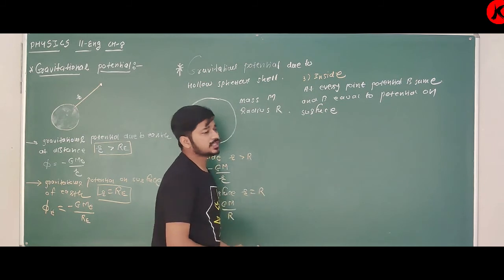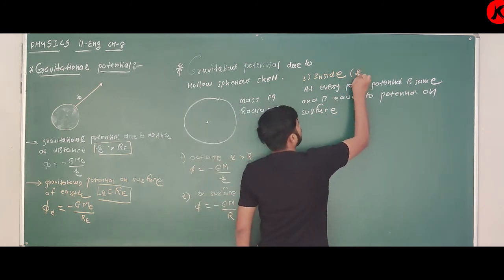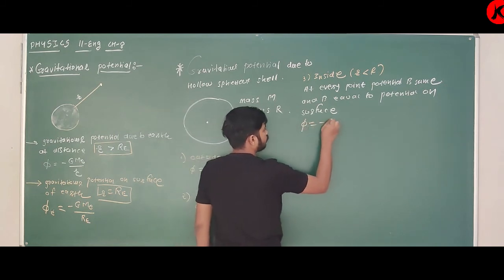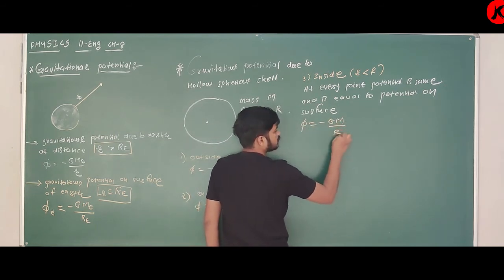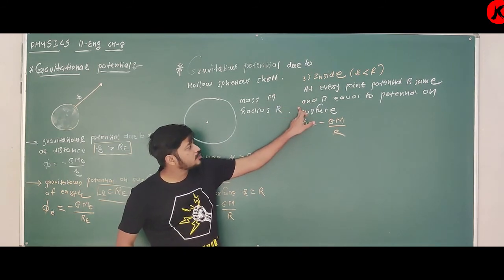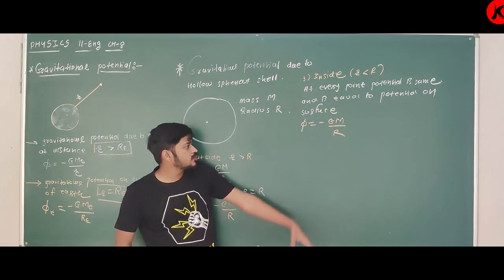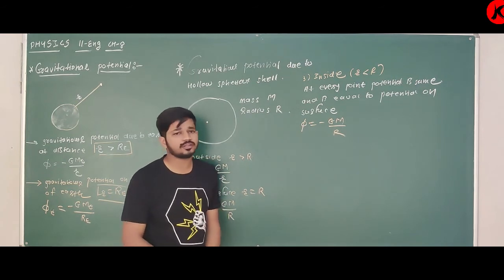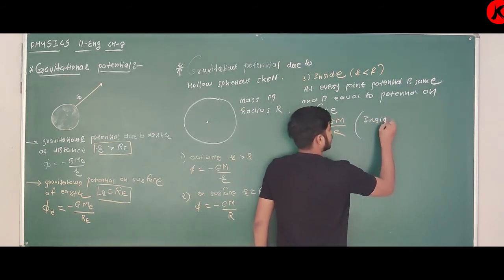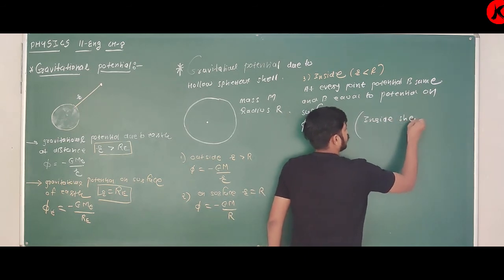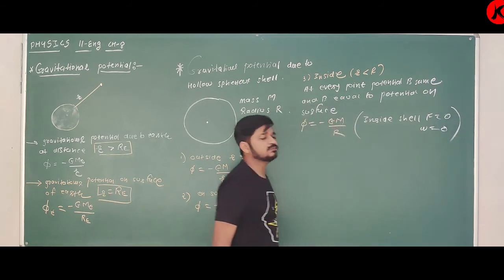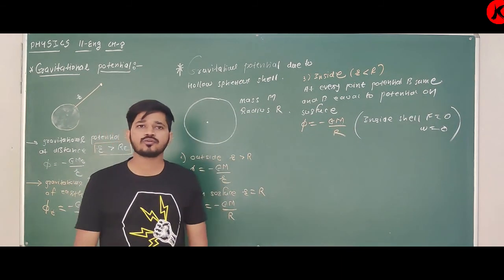So inside means r less than R, phi is equal to minus GM upon R. What is the reason? Because inside the shell force is equal to 0, so work is also 0.